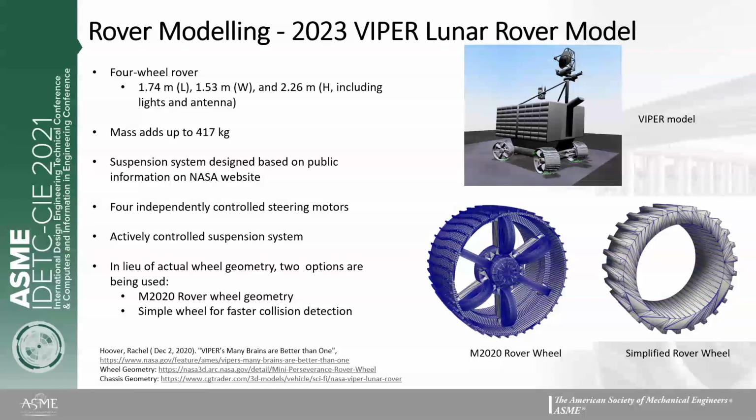We have designed 2 wheels to be attached to the rover. One is a very detailed mesh which captures details such as the grousers on the wheel, while the other is a simplified version, which has fewer triangular faces on the mesh. In that way, we can ease the simulation by a lot.